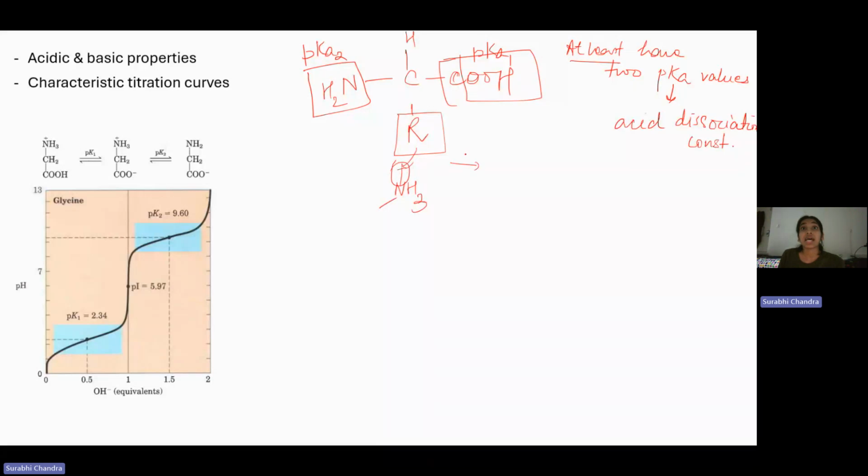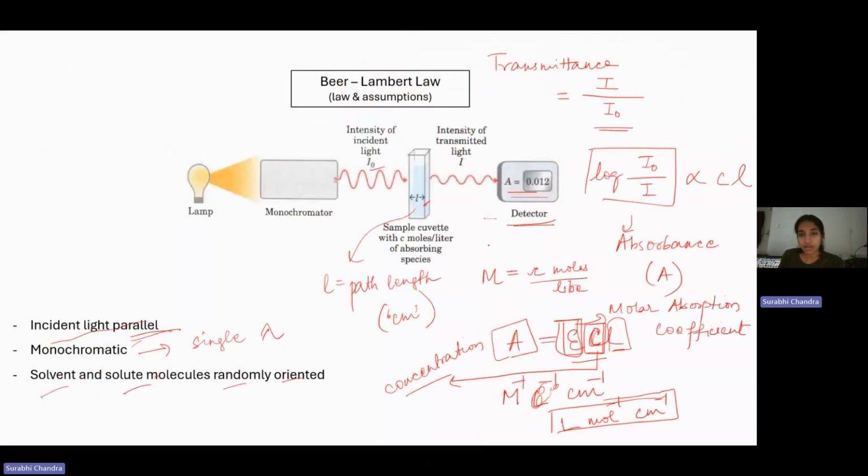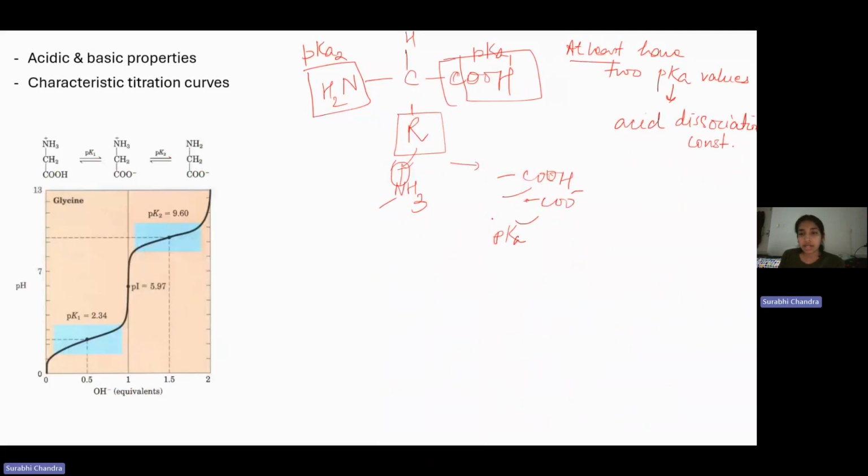If it has acidic moieties like aspartate or glutamate, it will have an additional COOH or COO minus group. That will again have its own pKa value. So except glycine, all other amino acids have an additional pKa value due to their R group or functional group.